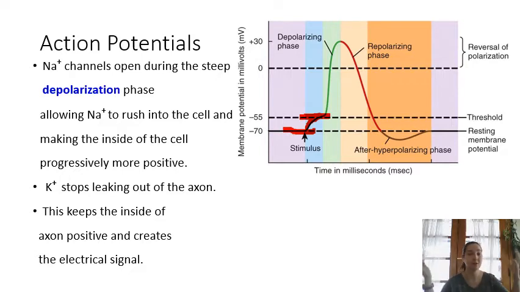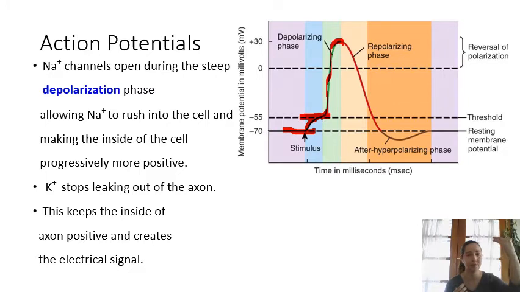And that's going to cause a huge flood of sodium ions inside the cell. So we can see after we hit that threshold, then we get way, way positive, right? We actually get so many sodium ions flooding into the cell that now the inside of the cell is even more positive than the outside. So we get all the way from -55 up to +30, right?